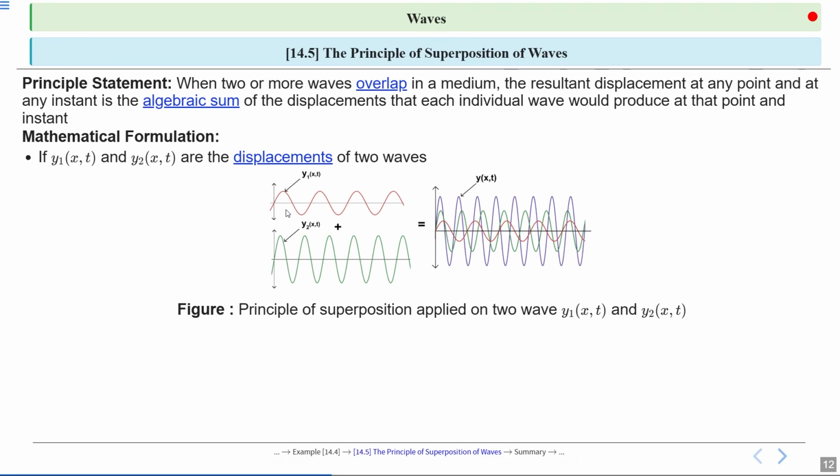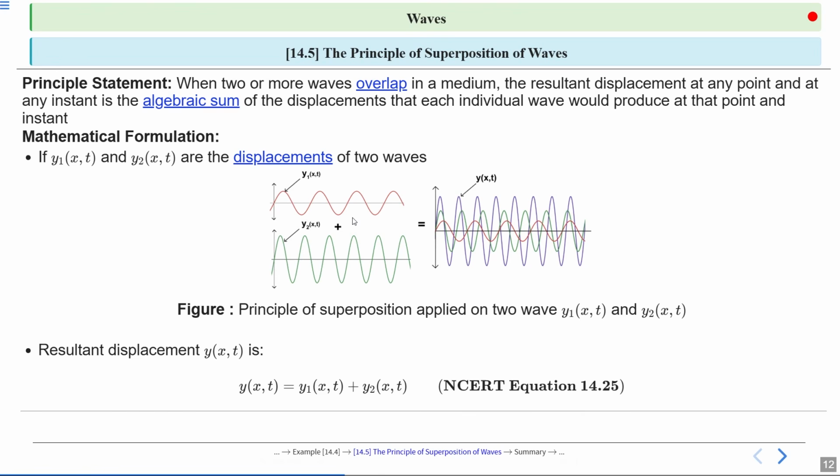So here we have two waveforms. First, y1 x of t, second y2 x of t. Alright. So according to principle of superposition, when we combine these two waves, y1 x of t plus y2 x of t form like this.